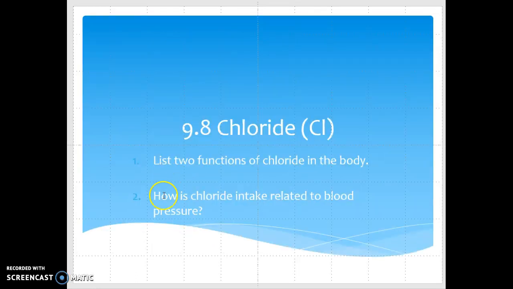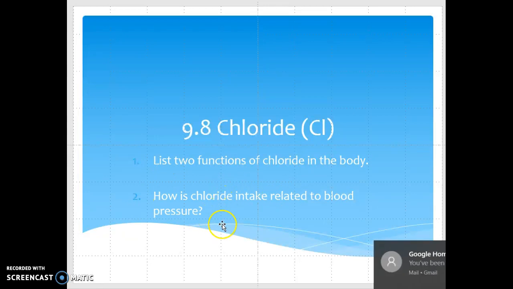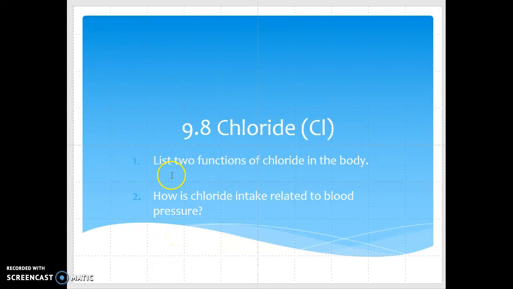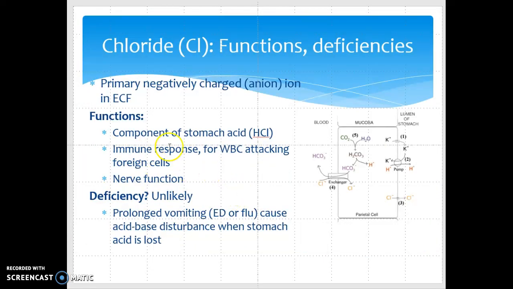And the last electrolyte is chloride. The two functions of chloride we often hear about are the hydrochloric acid in our stomach, and also related to blood pressure. So the functions of stomach acid, and it also helps with the white blood cells attacking foreign cells. So this is just a picture of how it moves in and out of the cell also to increase the different levels as needed for digestion.